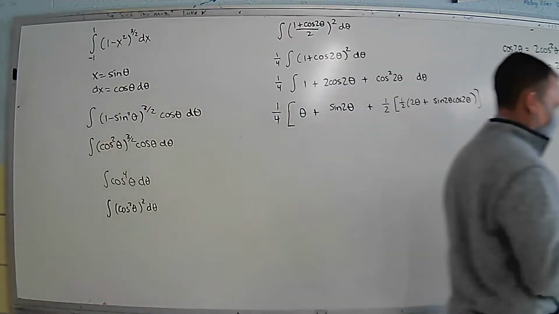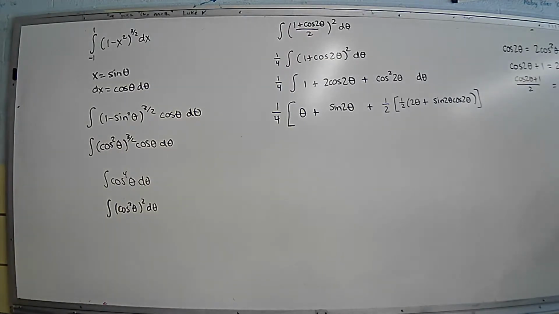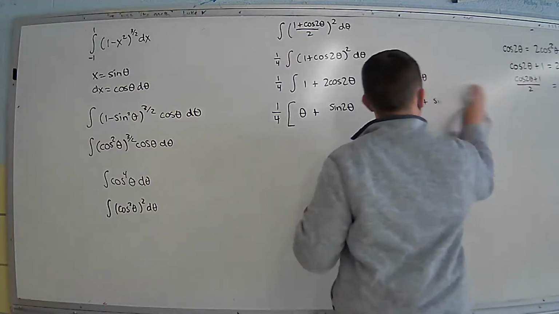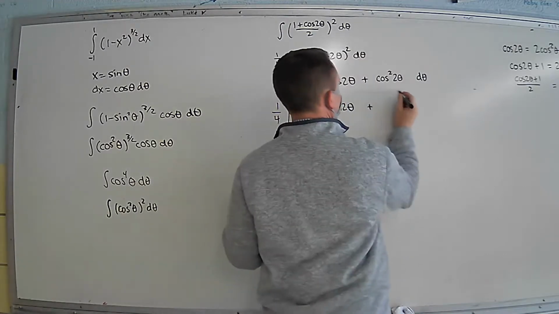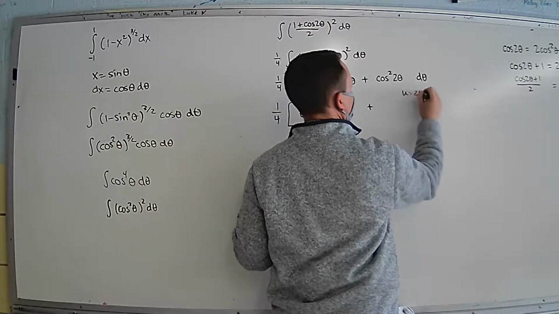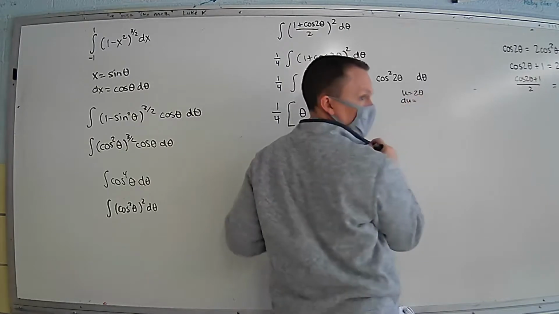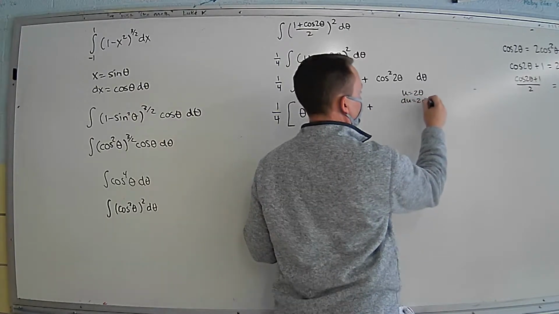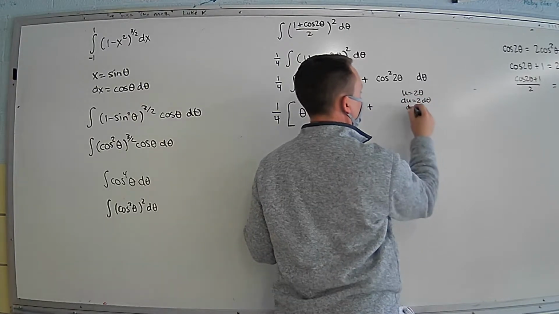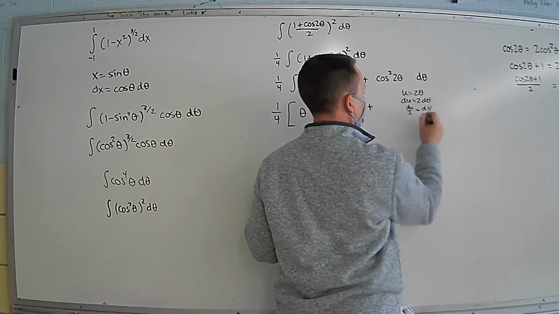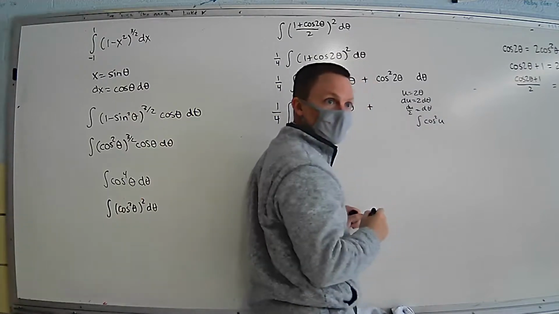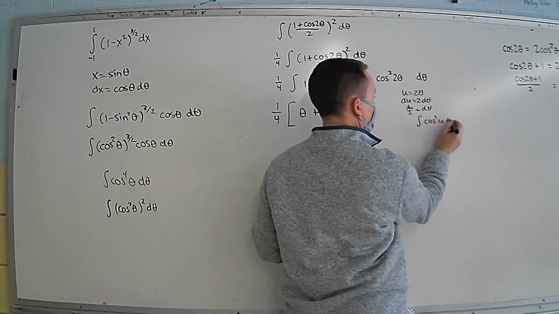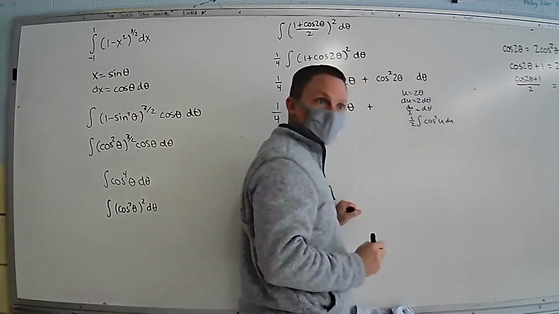Okay, and just so everybody sees this, I'm going to work it out. Right here I'm going to say u equals 2 theta. du is 2 d theta, right? So du over 2 is d theta. So this is the integral of cosine squared of u du over 2.